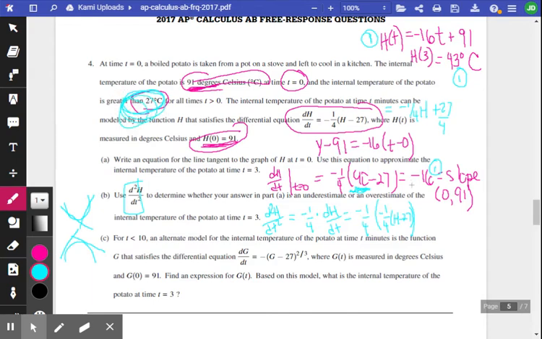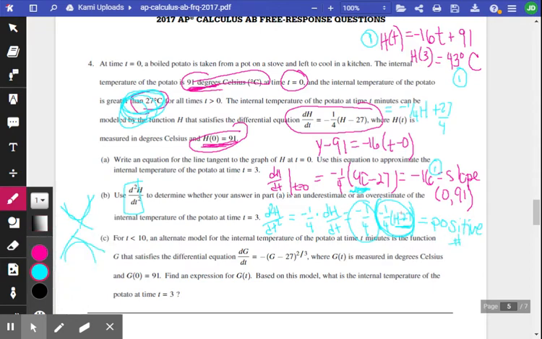So I do know that H will always be bigger than 27 degrees. So let's say it's 28 degrees or 27.1. That means H minus 27 will always be a positive number. So this entire expression will be negative times this is negative. I don't know what I'm going to get, but I'm going to get a positive number.